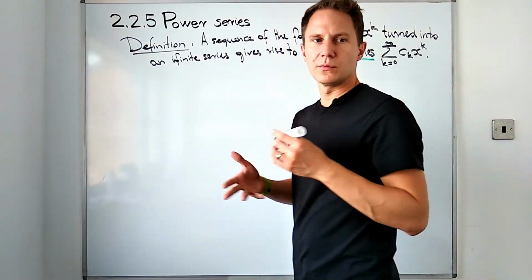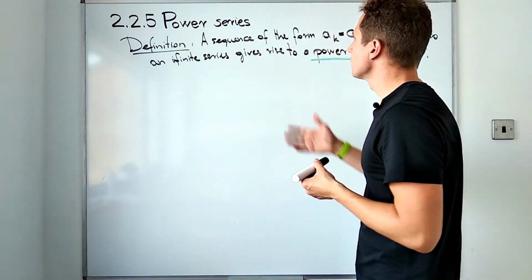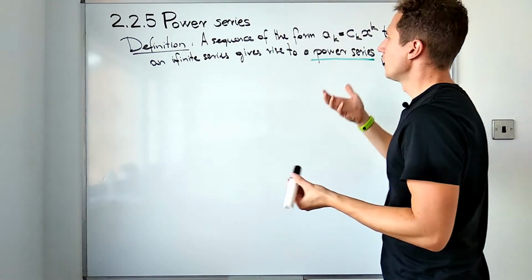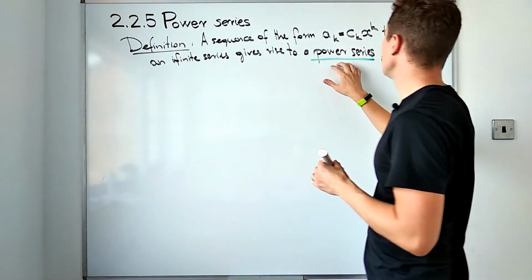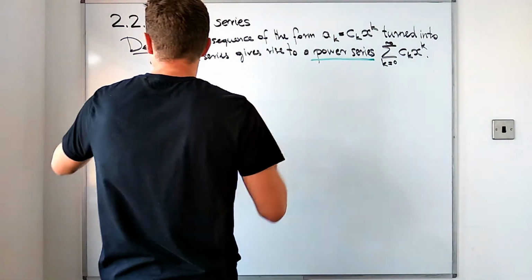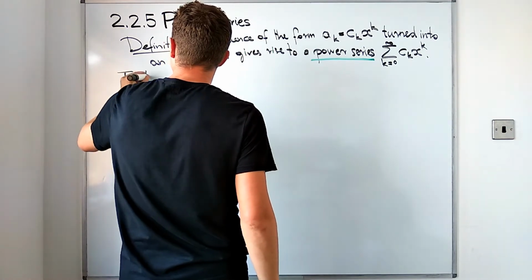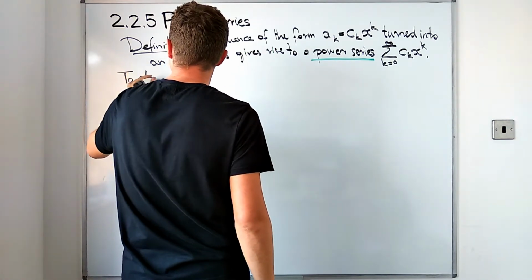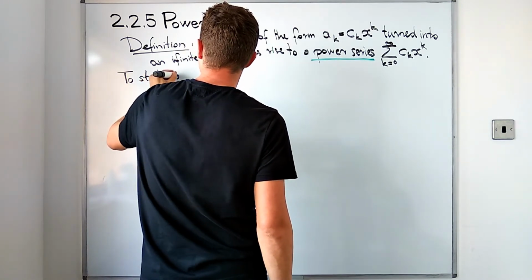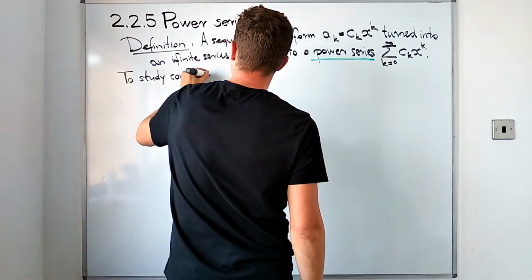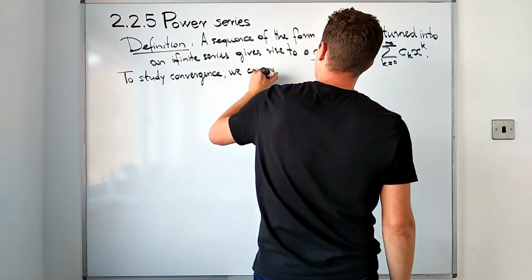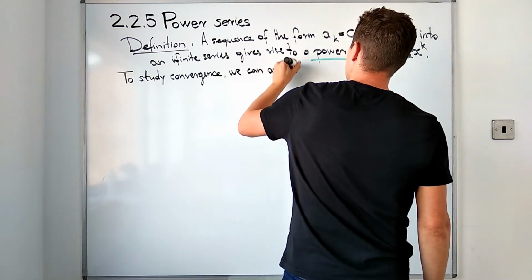Now, power series are all over calculus. You will see, or might have already seen it in your Math 1050 module. Now, to study its convergence, we can apply the ratio test.